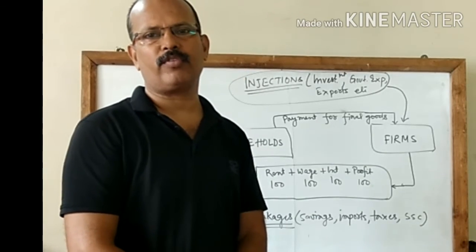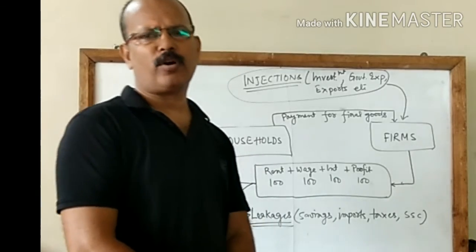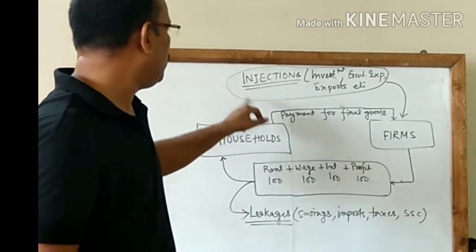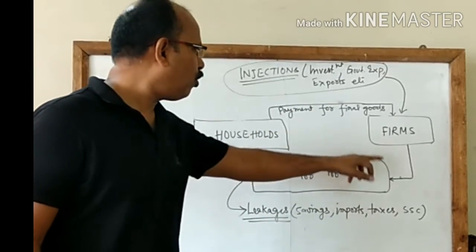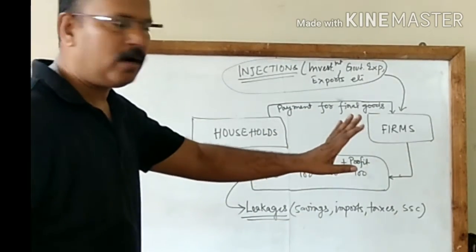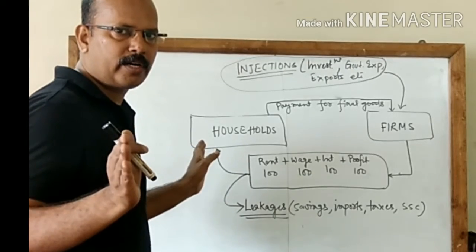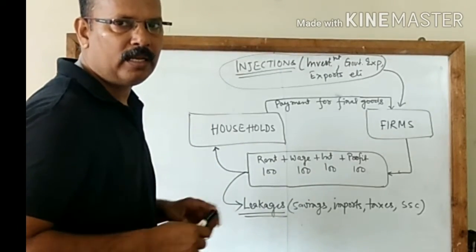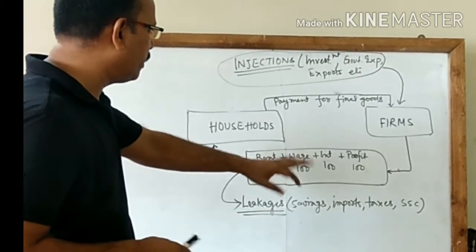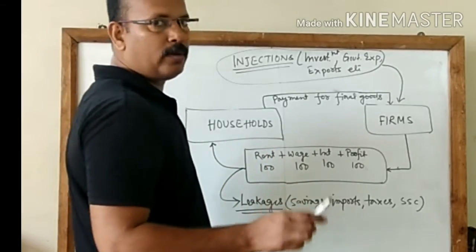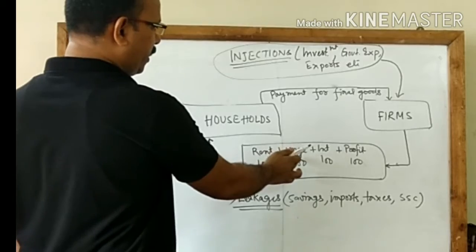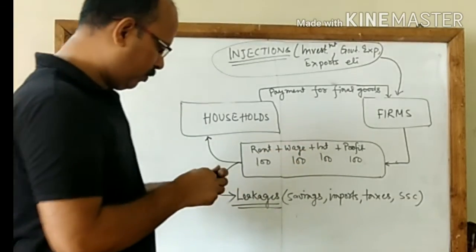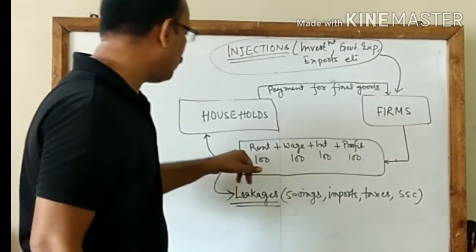Finally, in circular flow of income, we get two important concepts, that is leakages and injections. You see here, I illustrate leakage and injection with the help of an example with the chart. For example, the factor income is rent, interest, wage and profit flowing from firms to the household.